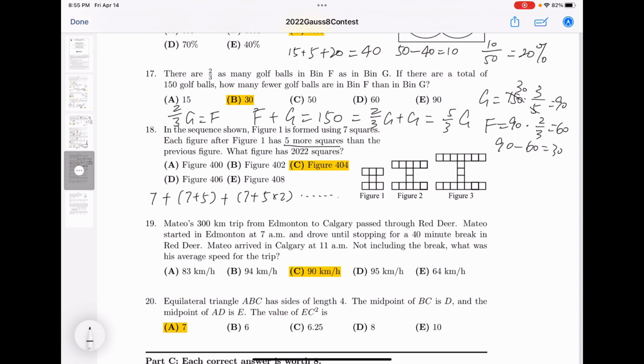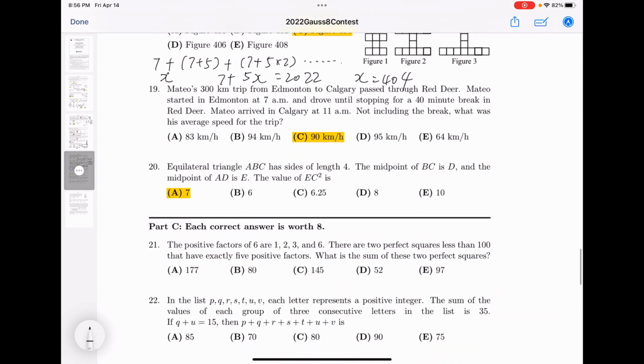Alright, so let's say the figure is x. So the equation would be 7 plus 5x equals 2022, and if we solve it, we will get x equals 404.